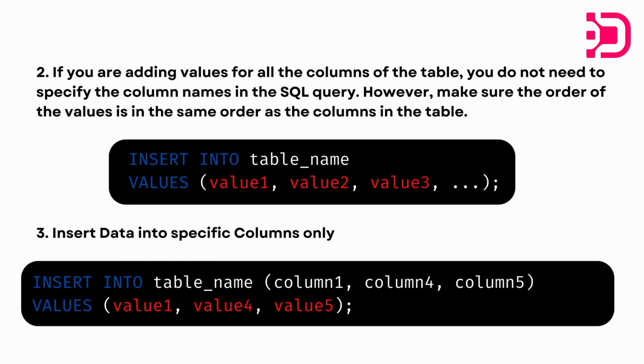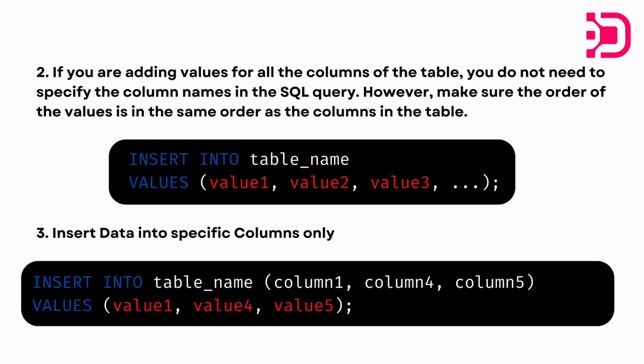But make sure to remember that this is only if you are inserting data into all columns of the table. And again, we have to make sure that the order of the values that we list is the order that we want them inserted into the table, corresponding with the columns in the table, right?